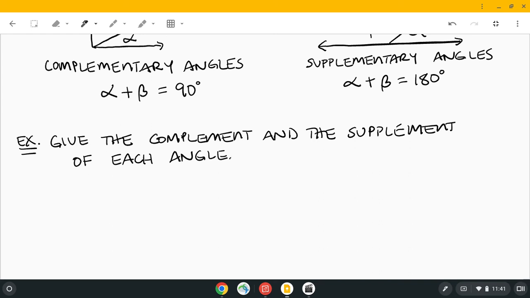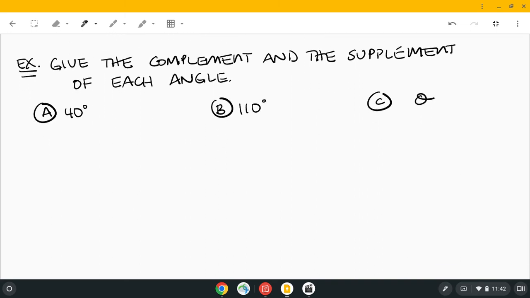We'll do it for 40 degrees, we'll do it for 110 degrees, and we'll do it for theta in general. All right, so let's do the complement first.